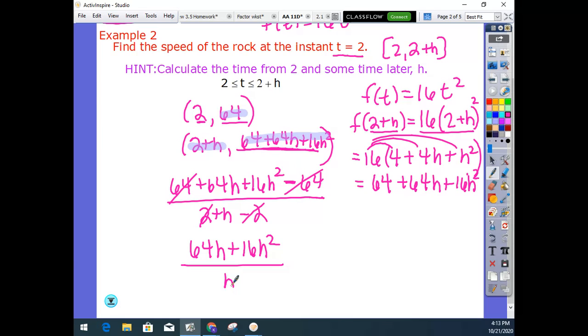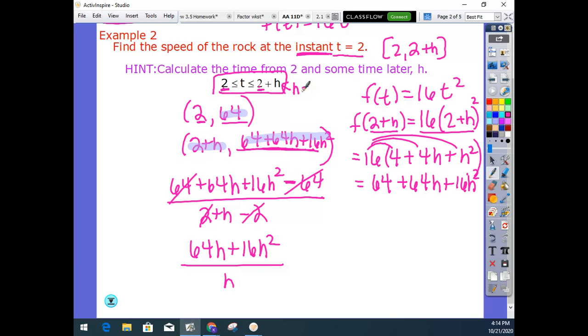Now, this is where we're going to talk about limits a little bit. If my time is in between 2 and 2 plus h, if I want the instant that t is 2, what does h have to equal for t to be between 2 and 2?